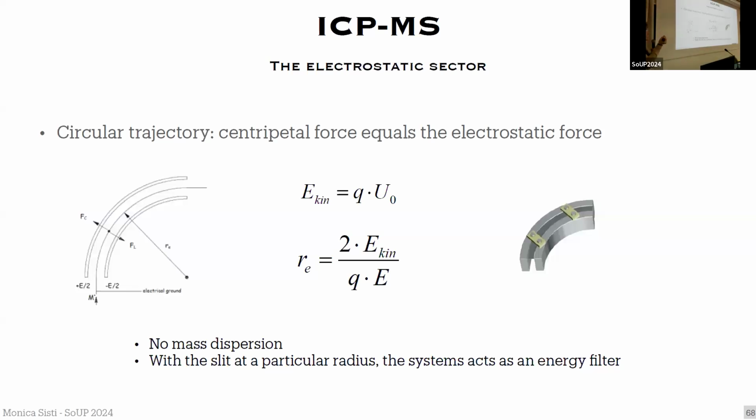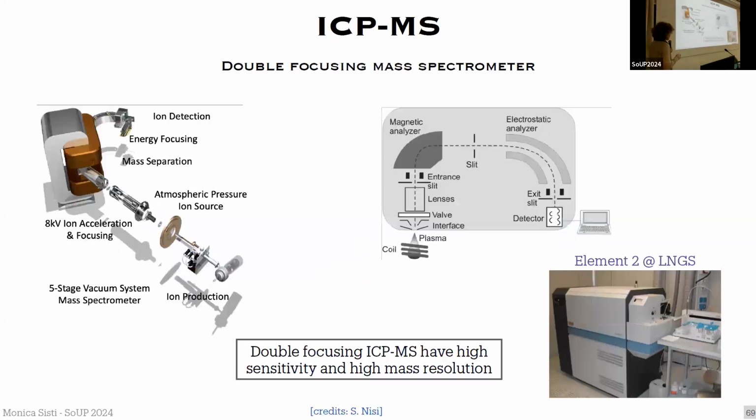The kinetic energy depends on its mass and on its velocity. So if you select the energy, you can remove polyatomic ions from your stream.